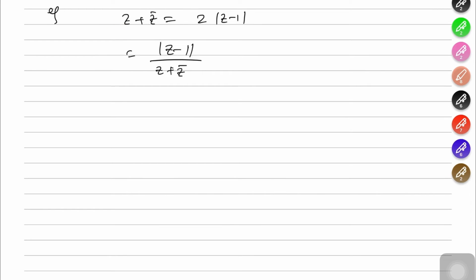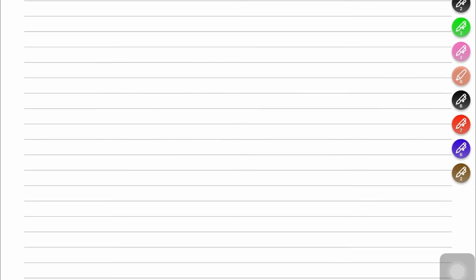So here K is 1 by 2 and a is 1. So K into 2 modulus of a is nothing but 1. Therefore the locus is a parabola.